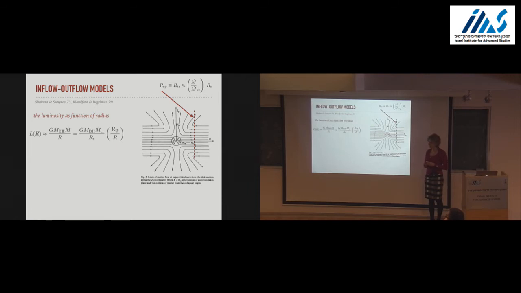And therefore the heating from the viscosity is the same as GM M dot over r? Yes, 1/2. Okay, exactly. So the luminosity at a given R is G M black hole over R times M dot. Okay, I forgot about the 1/2.